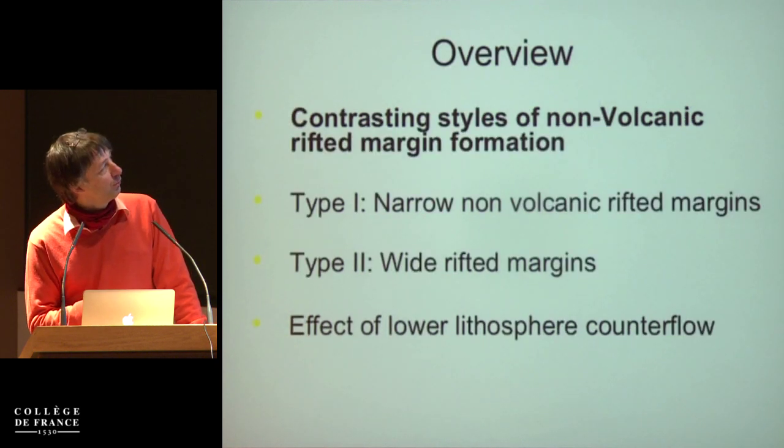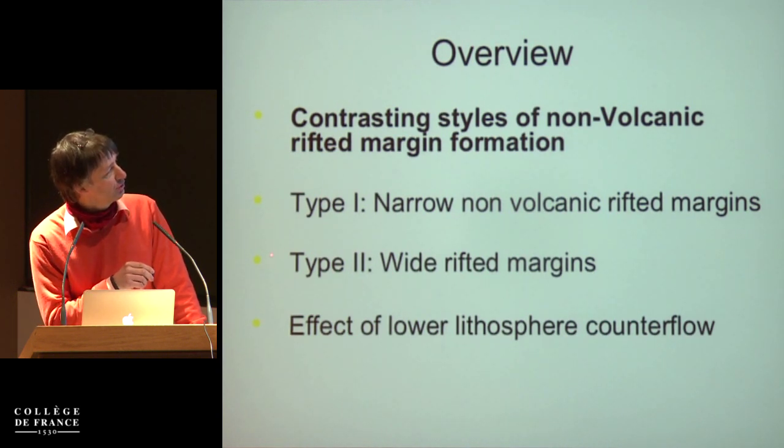So what I'll do is briefly review some observations that indicate very contrasting styles of non-volcanic rifted margin formation. Then I'll introduce you to 2 end members, one which we call type 1, narrow non-volcanic rifted margins, and another type which we coined type 2, wide rifted margins.